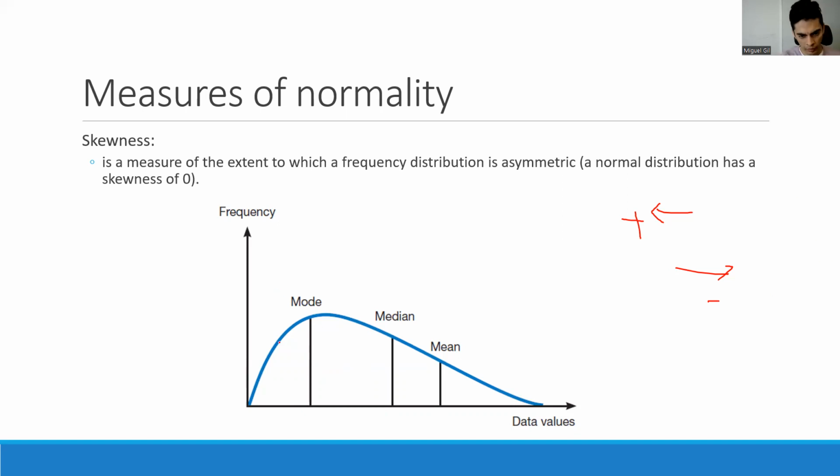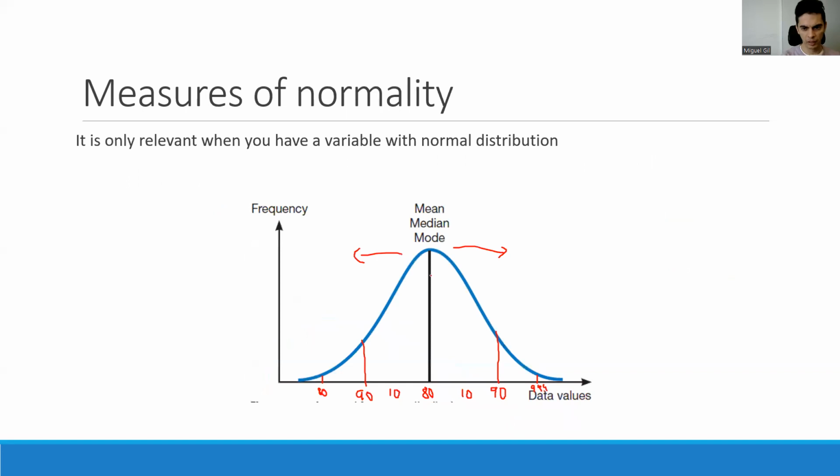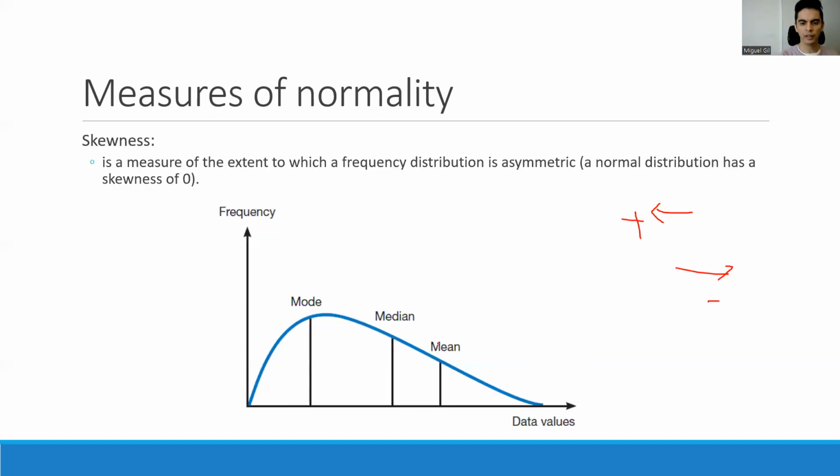Usually when you have something positively skewed, the mean is like here, and that is exactly what happened with our variable, we have a mean very far to the right. The median should be around here and the mode around here. In a normal distribution, mean, median, and mode should ideally be the same, or at least very close. If it is the other way around, it is negative.